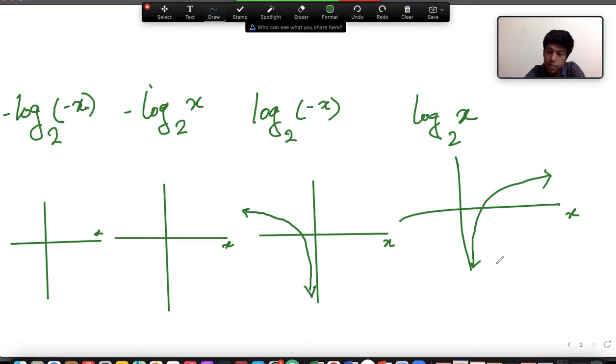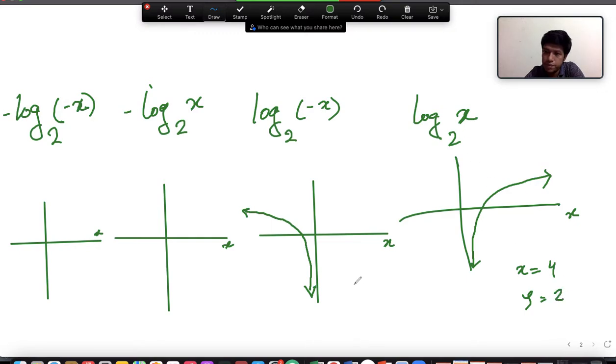See, suppose when our value of x was 2, let's say 2 or 4. Let's use a big value, 4. Okay, relatively big value. When x equals to 4, y equals to what? Or log of 2 base x equals to what? At that time, the answer was, when x equals to 4, it was 2, right?